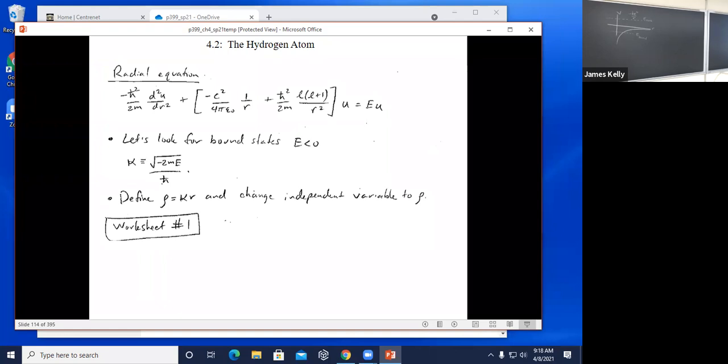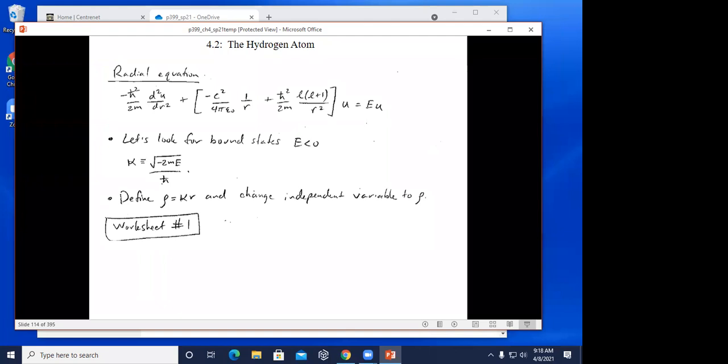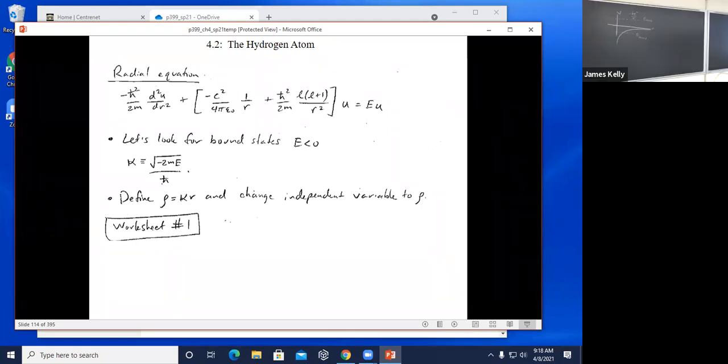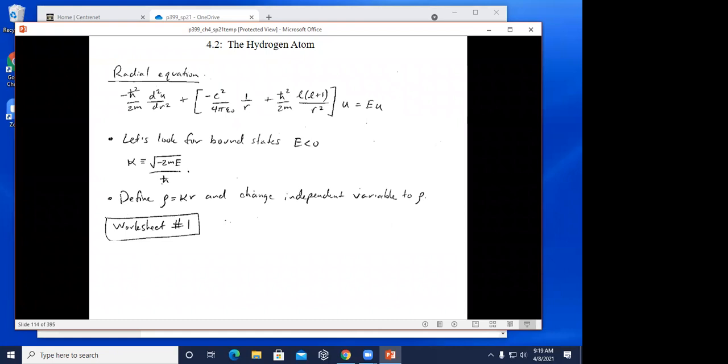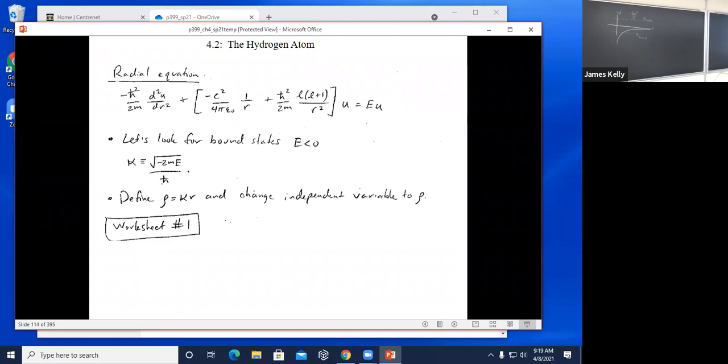Is it the worksheet from today's class on 4.5? I thought we finished that. It should say hydrogen at the top. No, you don't have it up. I just emailed it to you, so you should have it in your inbox now. Sorry about that.